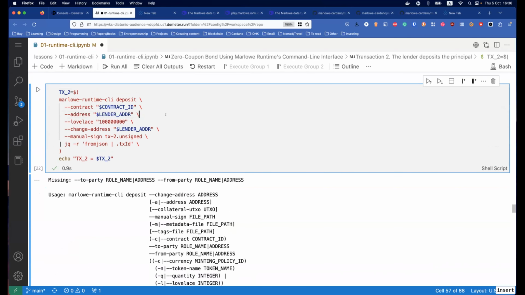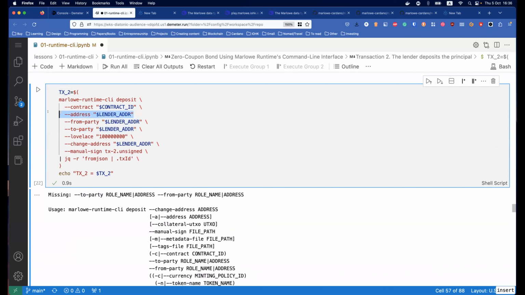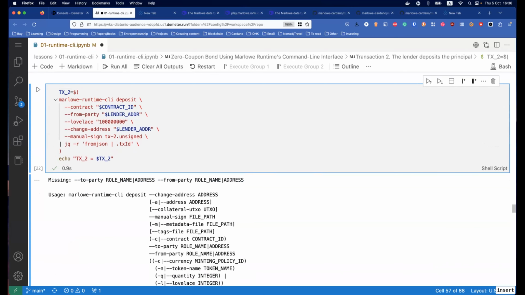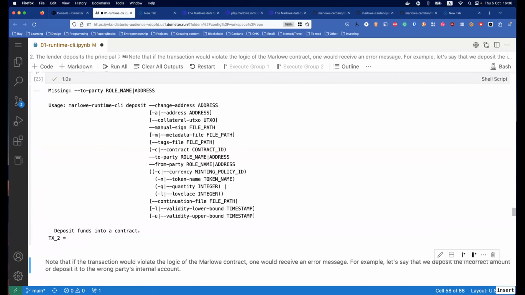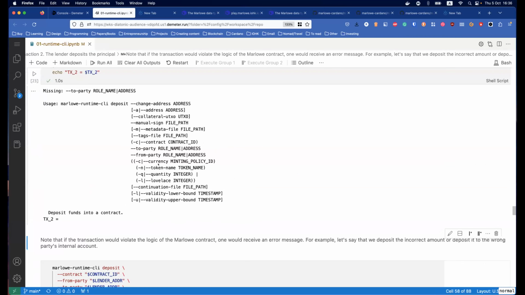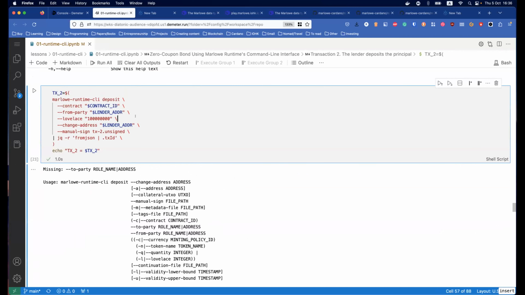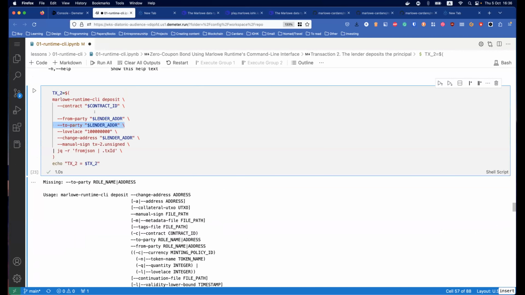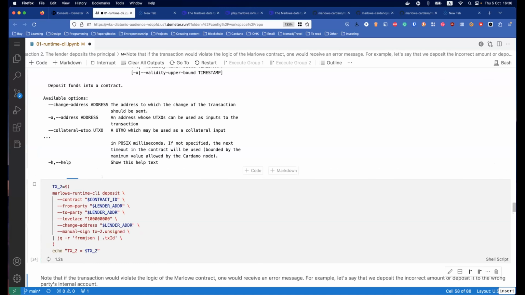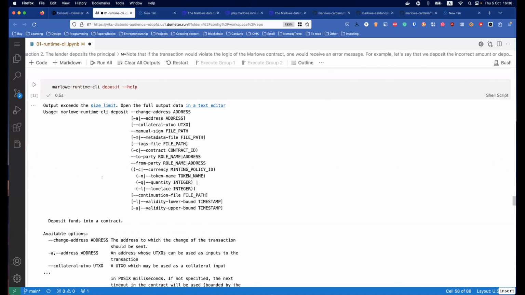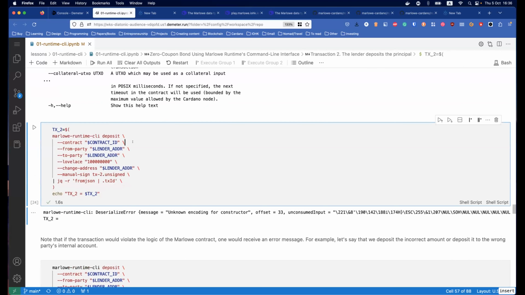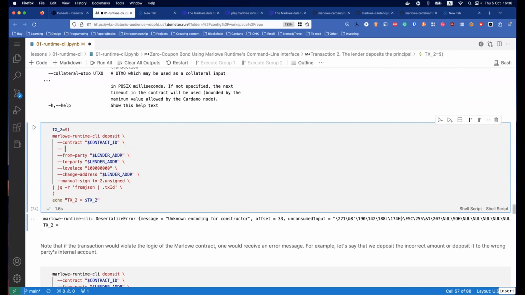You just add one of the two now. Let's see, because I already have this. Okay, let's put just from party. Two-party. Yeah. If I do two-party, I get the same error, I'm guessing.